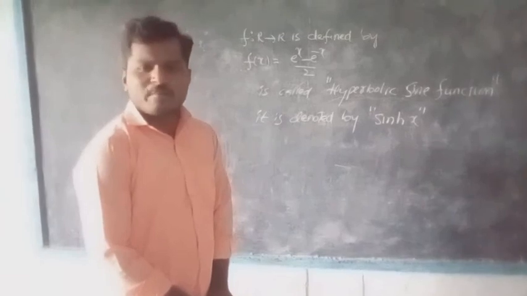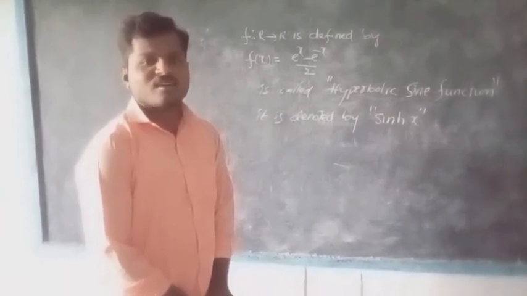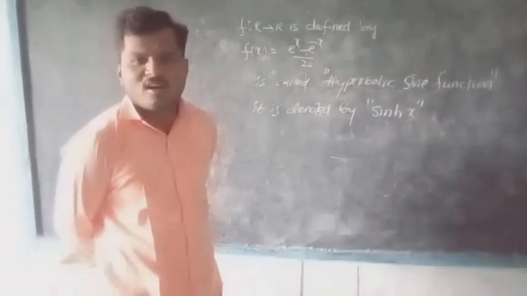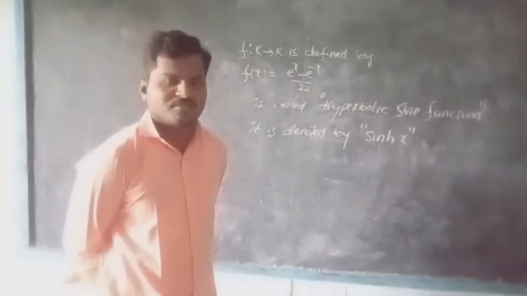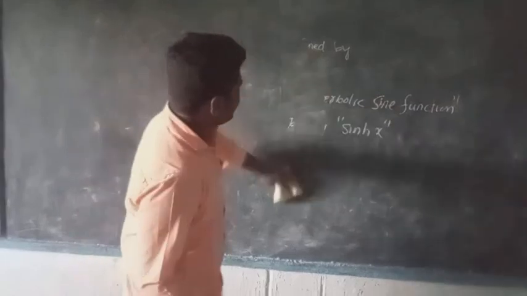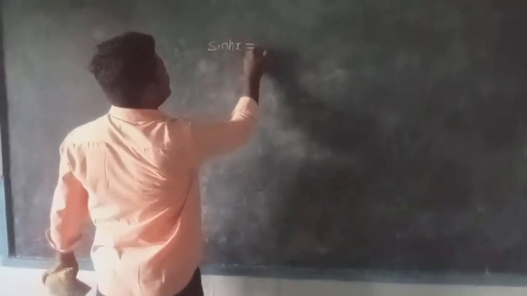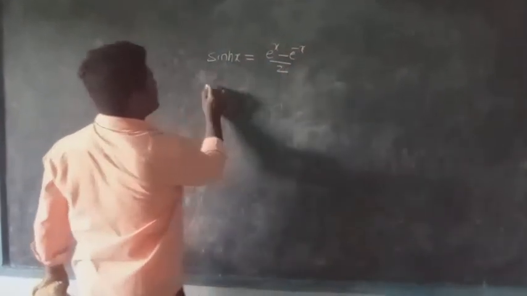In a similar manner, we can write the hyperbolic cos function. It is cos hx. Similarly, tan hx is the hyperbolic tan function. Now, sin hx is equal to e power x minus e power minus x by 2.